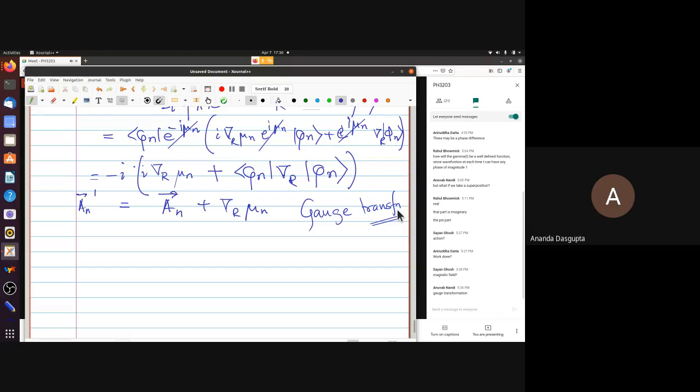And if you do a gauge transformation, is the integral of an prime dot dr, which is the gamma n prime, the new gamma n, over this contour, the same as the old gamma n? Is this true? You can see what exactly it is. It's this, right?